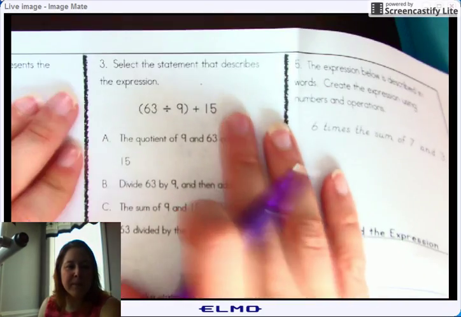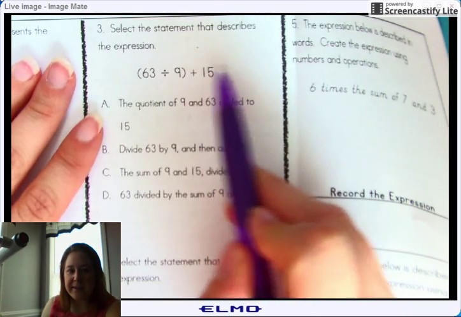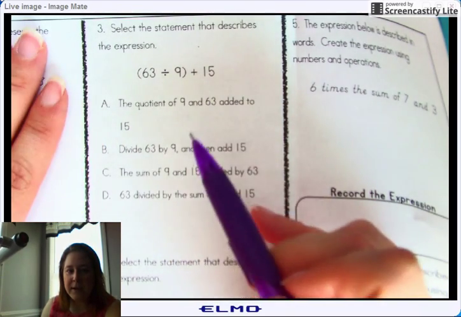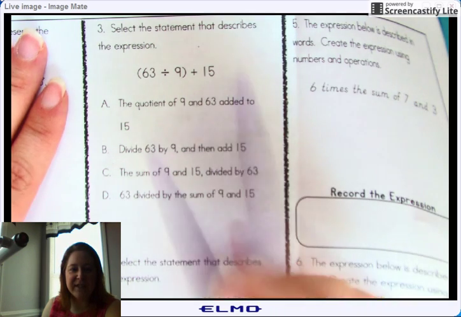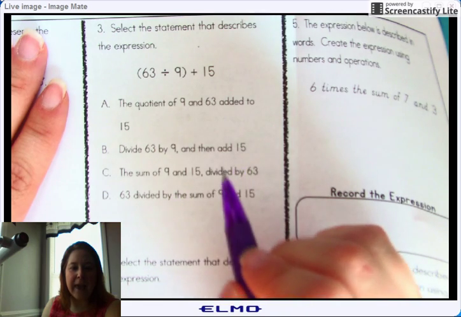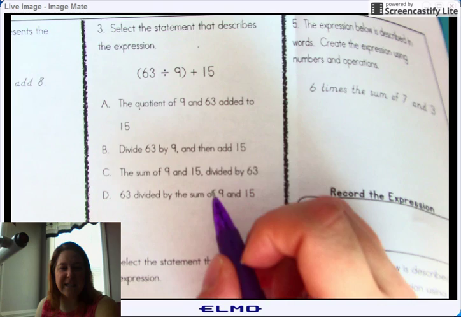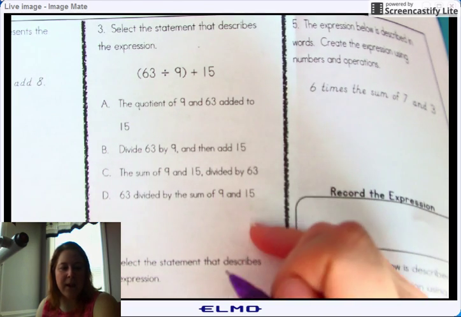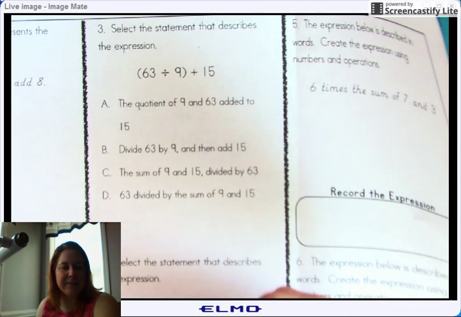Question number 3. Select the statement that describes the expression. Think about what this is, what we've got to do first. The quotient of 9 and 63 added to 15. A: Divide 63 by 9 and then add 15. B: The sum of 9 and 15 divided by 63, or 63 divided by the sum of 9 and 15.